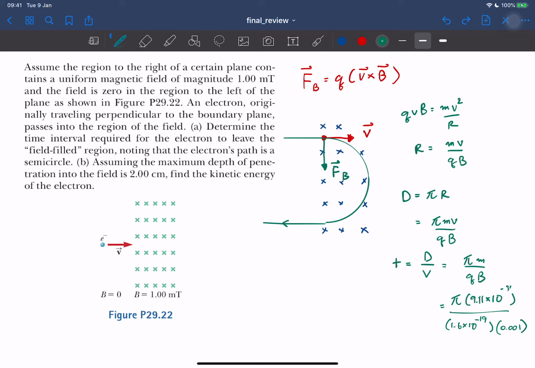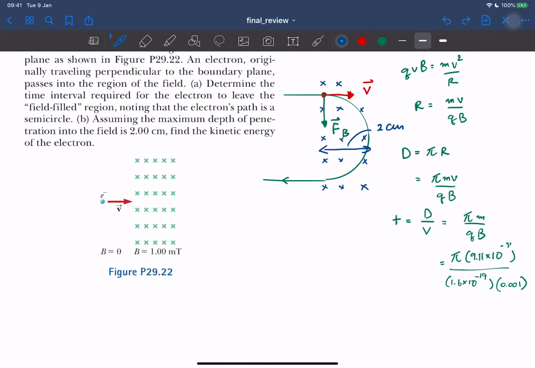And that's actually this distance here. So this distance is 2 centimeters, and that's just the radius of the circle, right? So in other words, part B is telling you that r is equal to 2 centimeters or 0.02 meters.